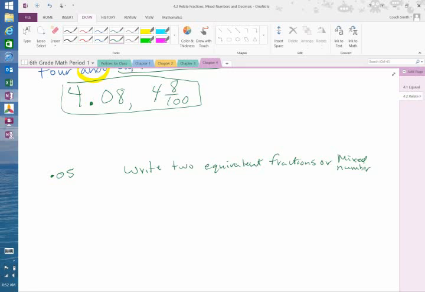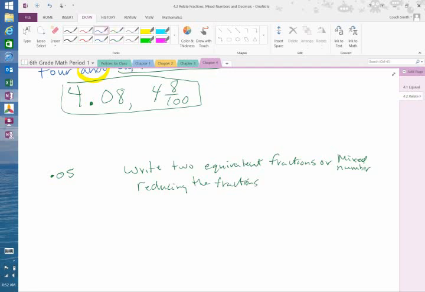Okay? Well, this is where reducing the fraction is really going to come into play. Okay? First of all, let's take .05 and make that number into a fraction.